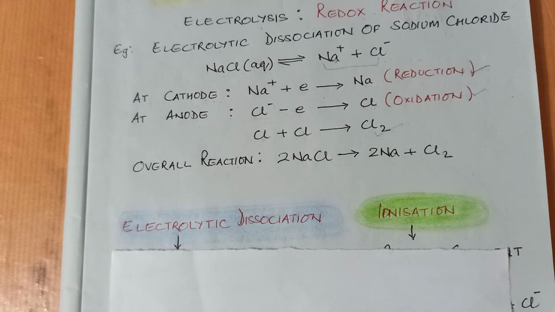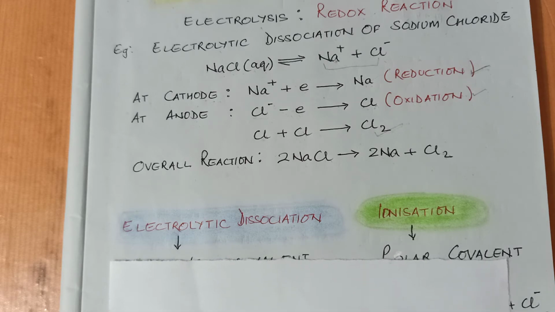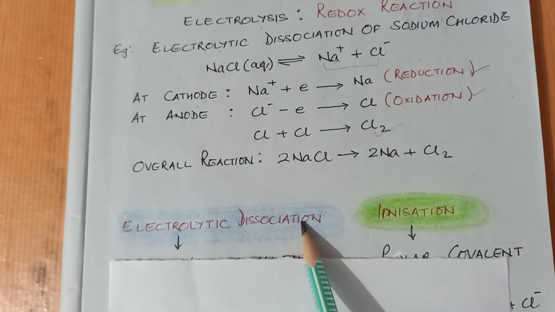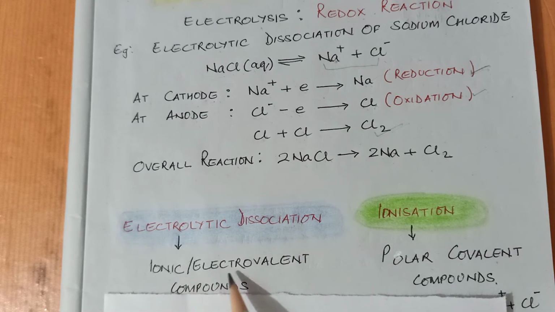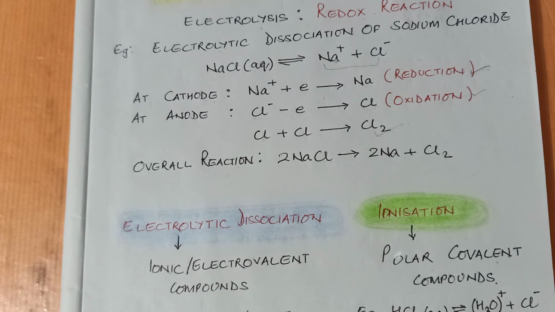That means ionic compounds are made up of ions; ions are already present over there, but they are not free. So the process of making those ions free is known as electrolytic dissociation. Therefore, the electrolytic dissociation process takes place in the case of ionic or electrovalent compounds.